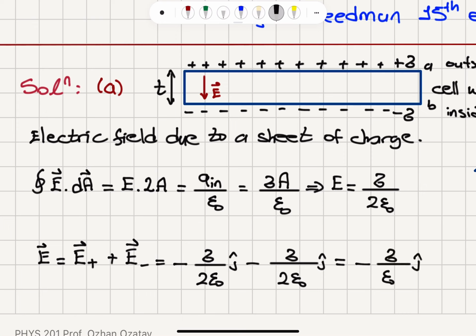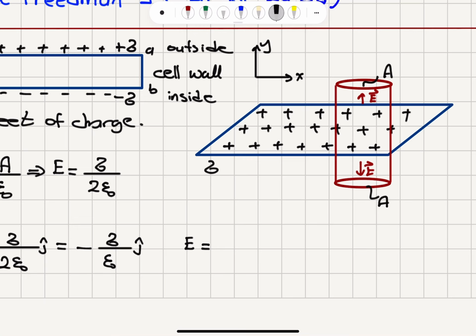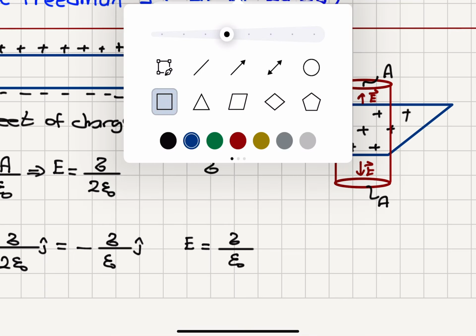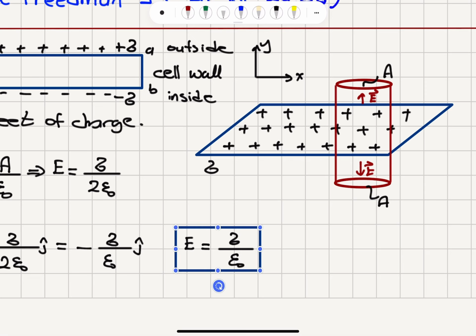Now, what is the magnitude of this electric field? That was the question. The electric field magnitude is sigma divided by epsilon 0. This is basically our symbolic answer.